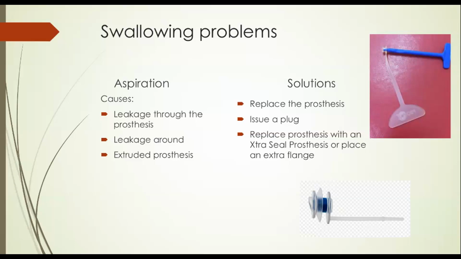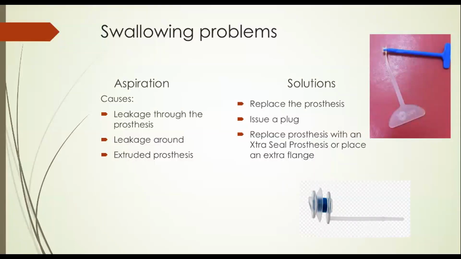So that does happen. What we do standardly is we issue our patients with a Foley's catheter, so that should the prosthesis extrude, they can use that to stent the hole, keep it open, but also prevent some of that aspiration from happening.